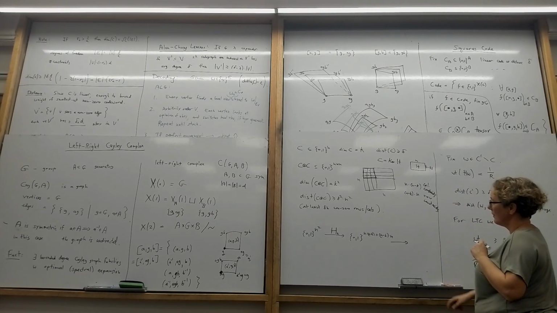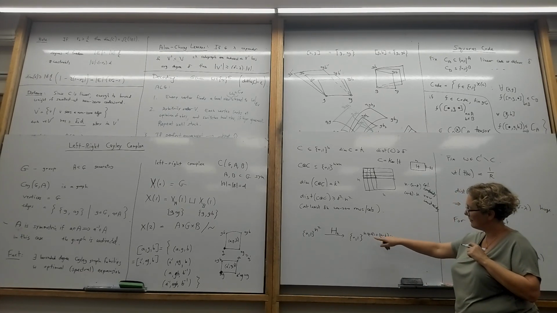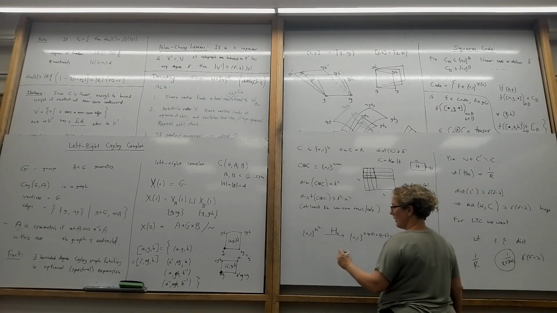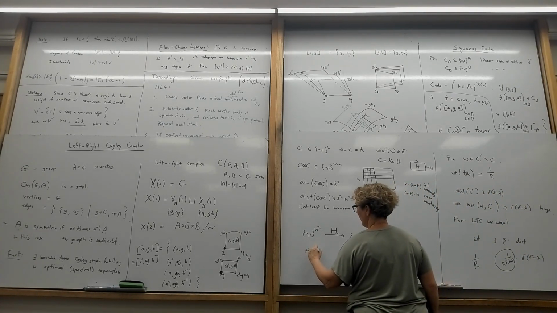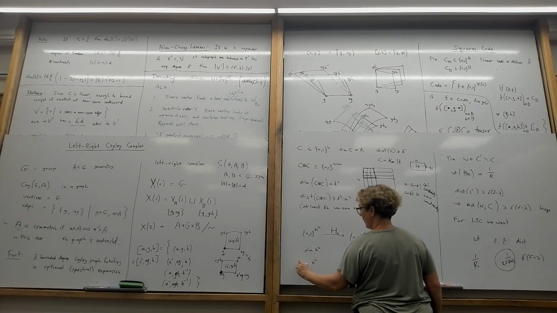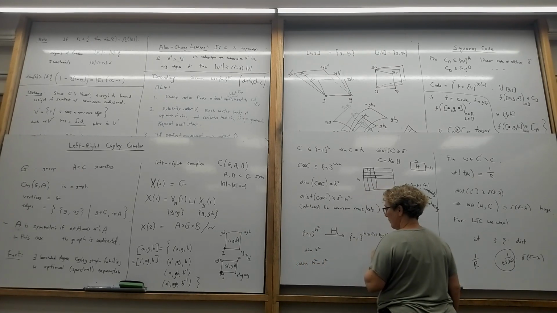It turns out that these constraints are redundant. How do I know that they're redundant? Because my dimension is k squared, and the ambient dimension is n squared. So really the codimension of the code is n squared minus k squared.